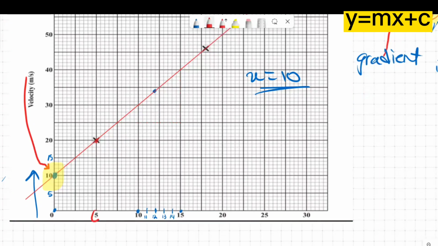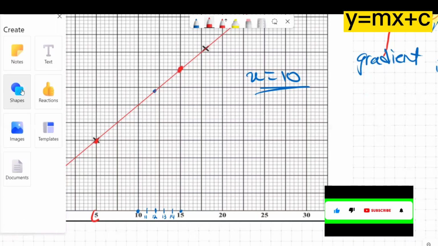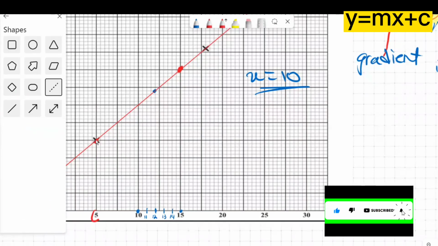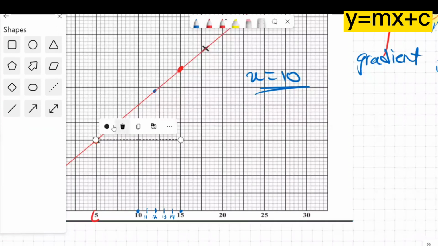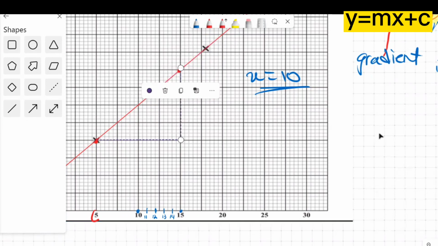So I'm going to pick up a point here. And look at 15. I'm going to pick up a point here because I'm able to get out some nice numbers. I don't want to pick up anything where I'm going to get any decimal. So I'm picking up from here, changing this to a purple. And then I'm picking up from there, come back down here, changing that to a purple.